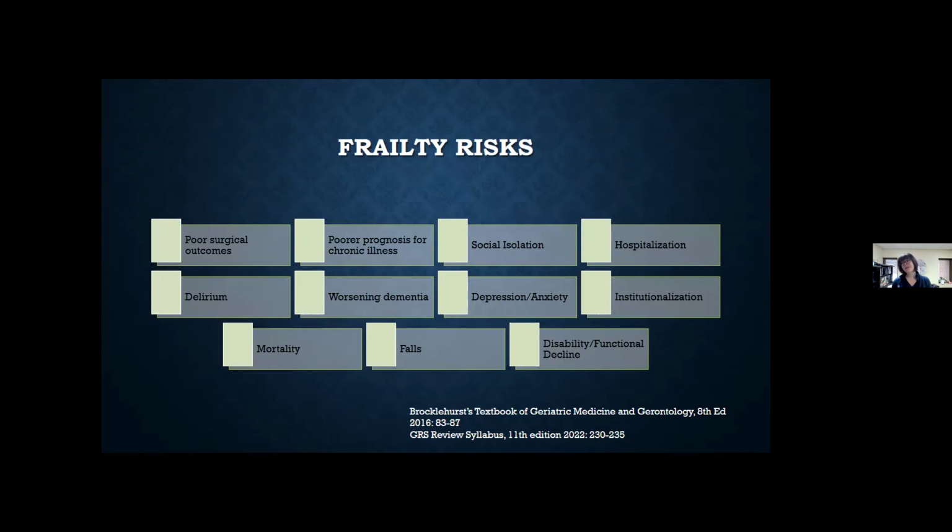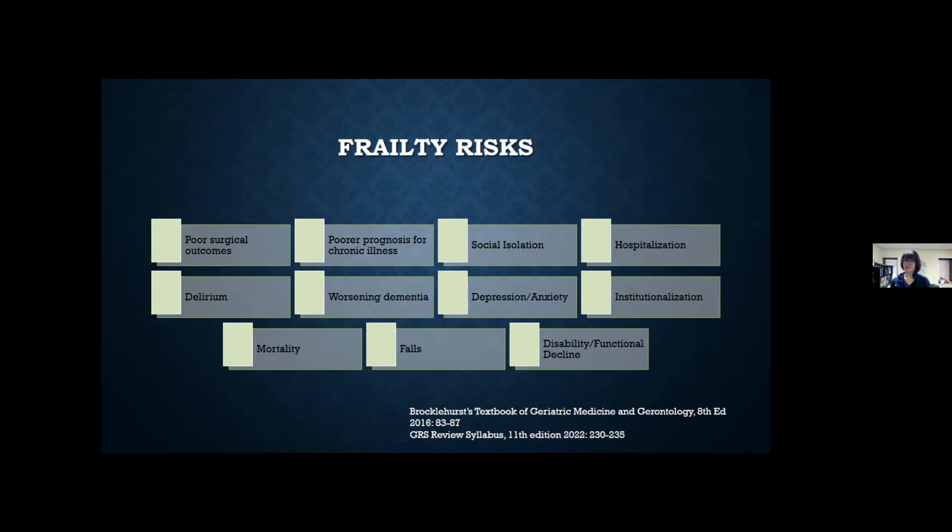And we know that frailty, even when they adjust for all of those other things, the level of disability, the chronic illnesses, age, is associated with all kinds of less than ideal health outcomes. So people don't recover from surgery as well, both urgent as well as routine or elective surgeries. They don't manage their chronic illnesses as well, particularly folks with heart failure, peripheral vascular disease, COPD, their outcomes are worse.